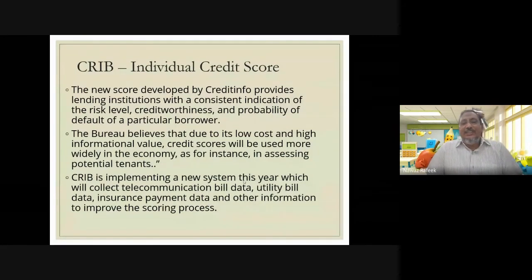So let's see what this score is. The Individual Credit Score system: the new score developed by Credinfo, which is the company's name, provides lending institutions with a consistent indication of the risk level, creditworthiness, and probability of default for a particular borrower.